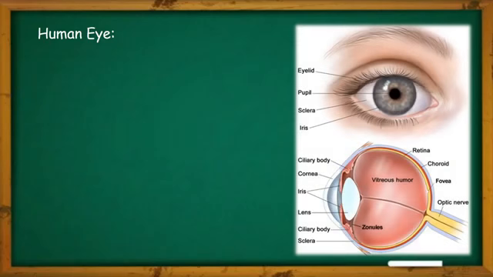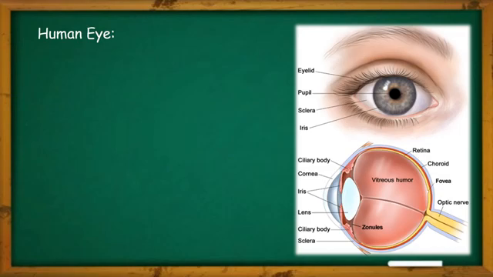As you can see in the diagram, the outer part of the eye looks like the above of the picture. But if you see the inner construction of your human eye, it will be something different. Our human eye acts like a camera, which enables us to capture colorful pictures of our surroundings.